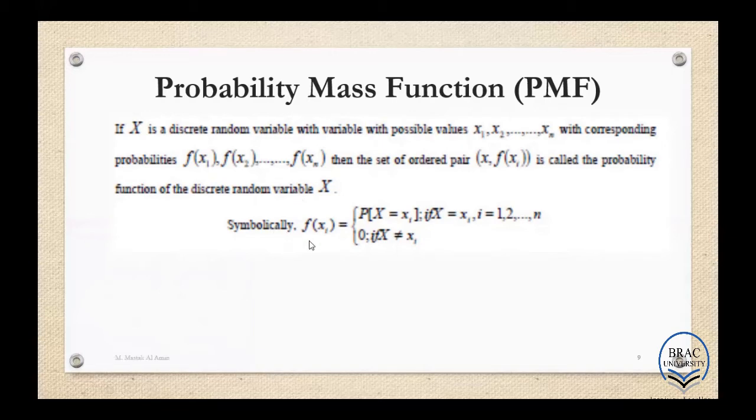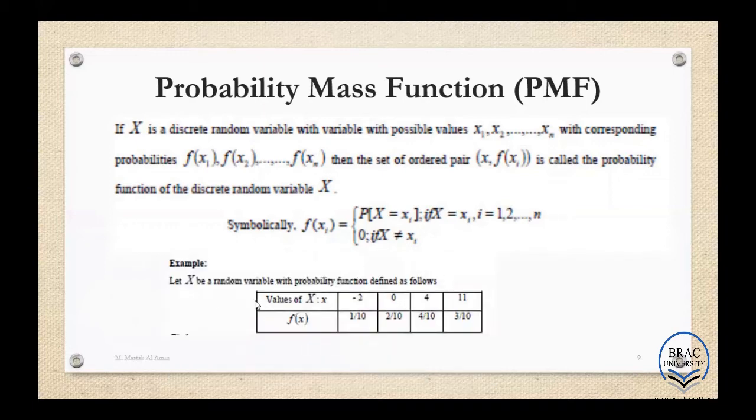So symbolically we can write f of xi equals probability of x equals xi when x equals xi, that means i equals 1, 2, 3 up to n, otherwise 0. That means when x is not one of these values, then the value of the function, or the probability, is 0. So if we consider one example, then it will be more clear.